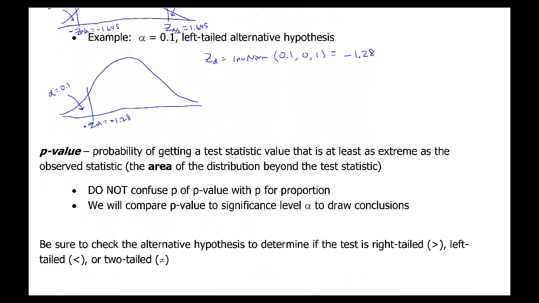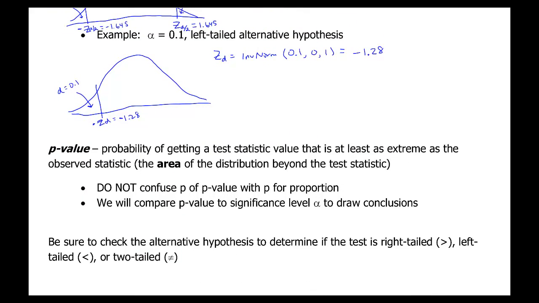Okay. The last thing on this page is about the p-value, and you have already calculated p-values. We just didn't call it that yet. So the probability that we've been calculating is the p-value. And when you're doing problems, use the whole phrase p-value. Don't shorten it to p, because you'll end up getting it confused with p for proportion. So always write out the phrase p-value when you're indicating what your p-value is.